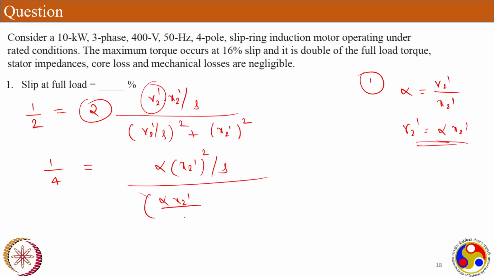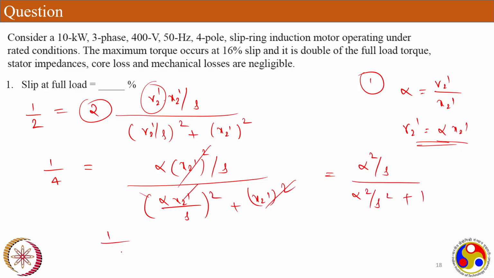Now if you simplify it, you will be left with alpha S divided by alpha square plus S square. See, now you know alpha, that is 0.16, it is already given in the problem, and you have the slip. If you solve it, this is the full load slip they are asking about.